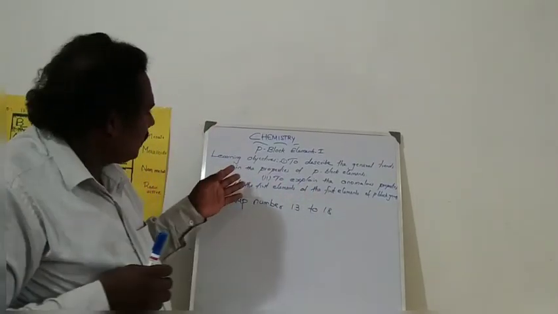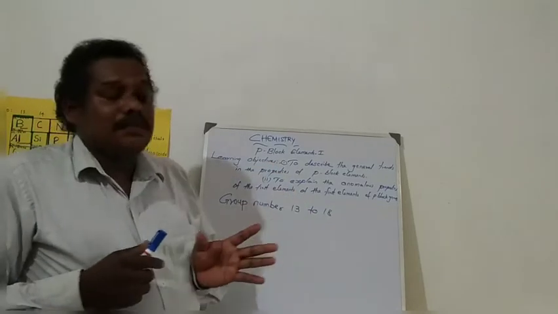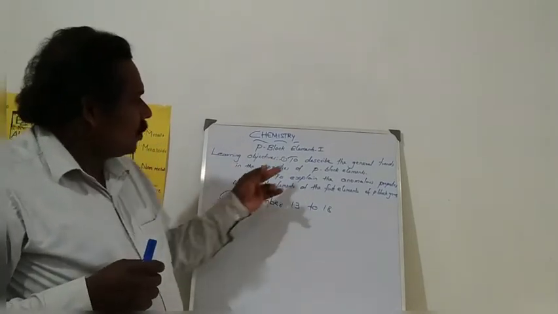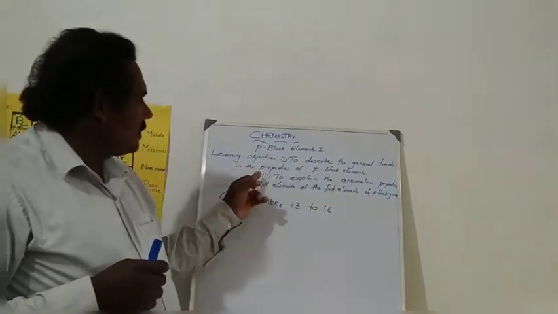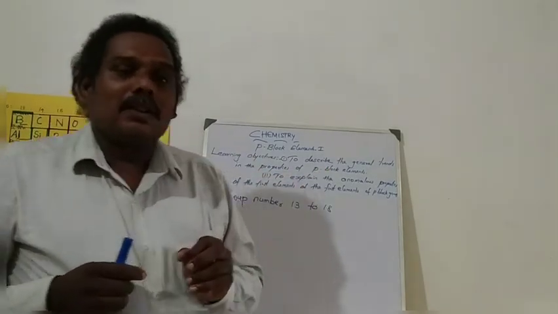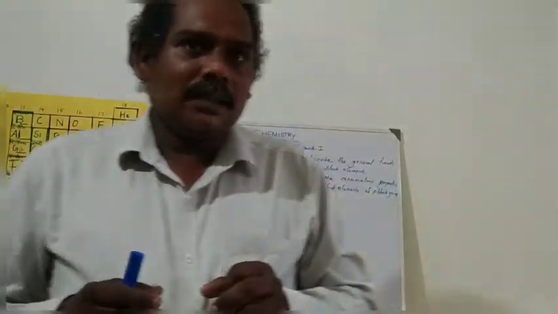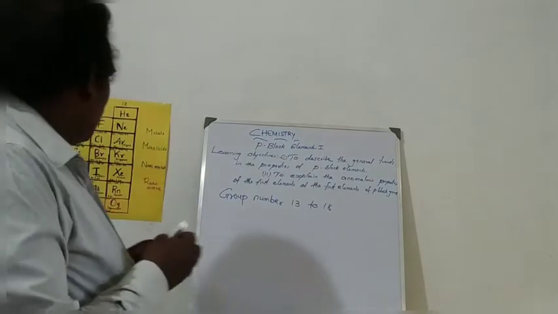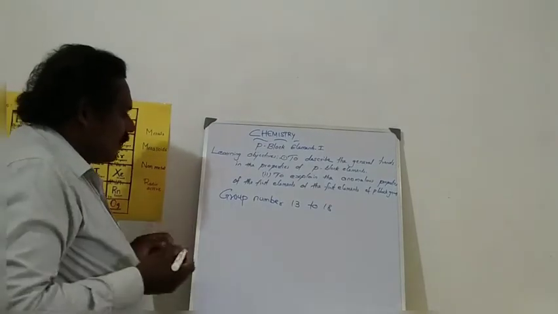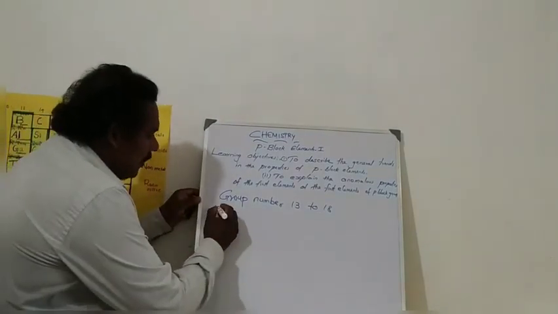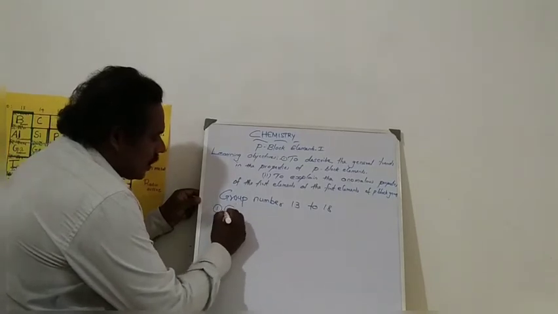I already told you our learning objectives. What are our learning objectives? To describe the general trends in the properties of P block element. The first one is electronic configuration.